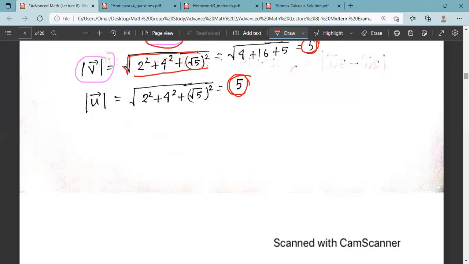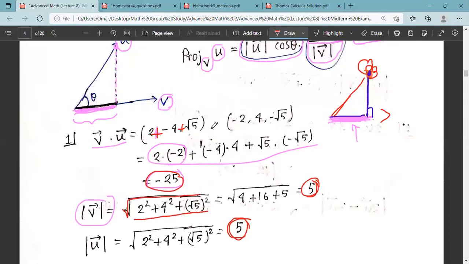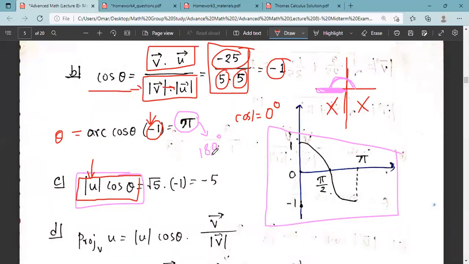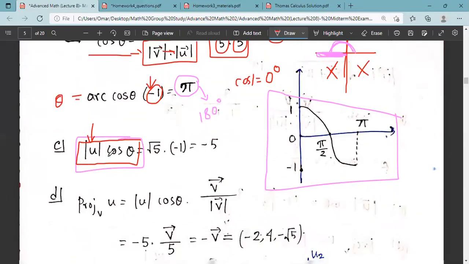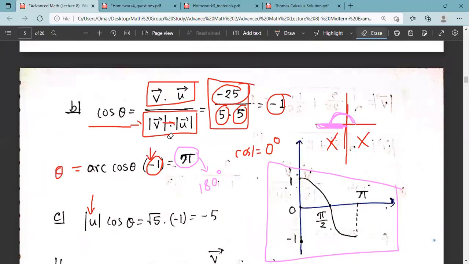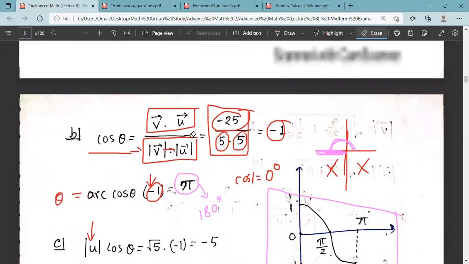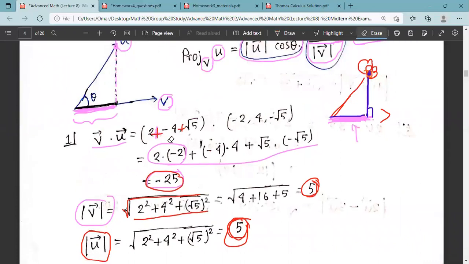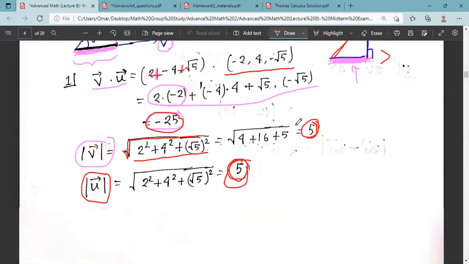Now if you look up, we had the norm of u, that was 5. I have written here root 5. Why? Norm of u: here u is -2, -2, 4 and minus root 5.